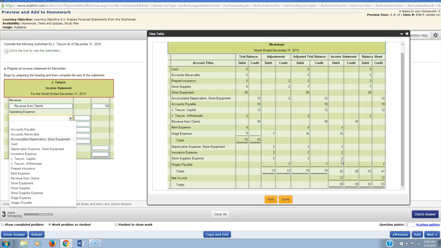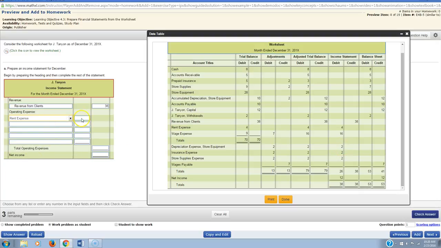I have 5 expenses. Again, rent, wages. So we'll list them out as we find them. Rent is, let's make sure we get it right, a $4 debit. So we'll put a $4 debit in there. And the next one down is the wages, which is 16.